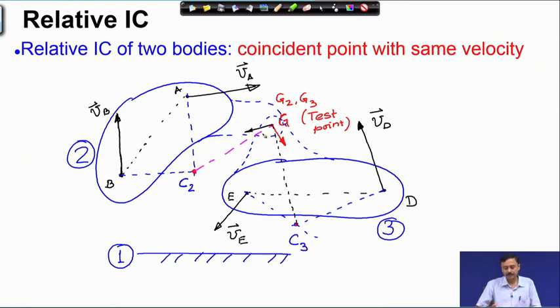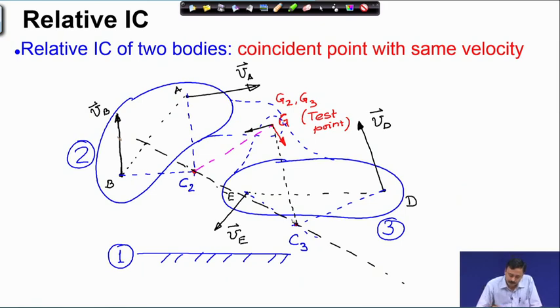Now, they are definitely not same. If you ponder a little bit, you will realize that they can be same only on the line joining C2 and C3. So, these two velocities can be same only on the line joining C2 and C3.